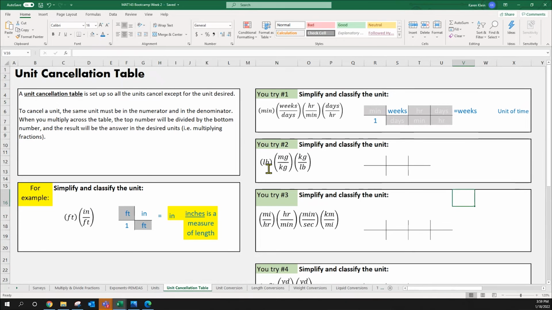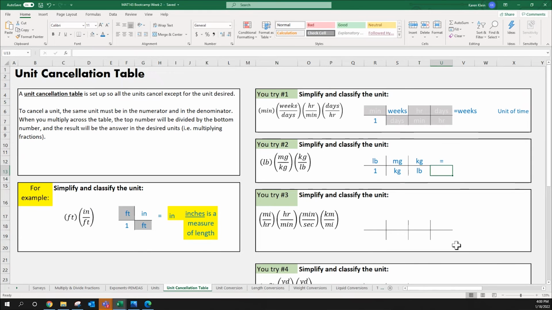Let's try that again. For this one, we're taking pounds. So we're going to take pounds divided by 1. We're going to multiply it by milligrams over kilograms. And that's going to be multiplied by kilograms over pounds.